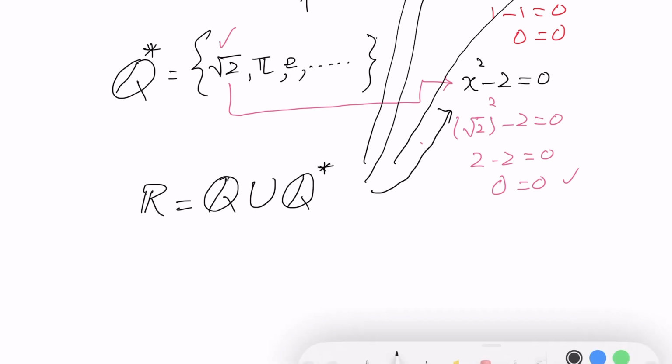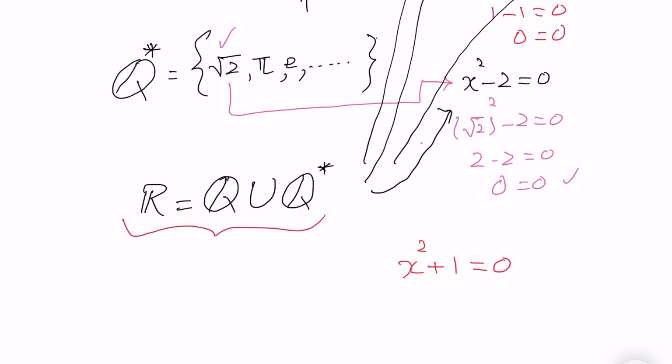But unfortunately, if I ask a question, x squared plus 1 is equal to 0, well, we cannot find any real number which could fit here, because in the space of real numbers this looks like a lie.